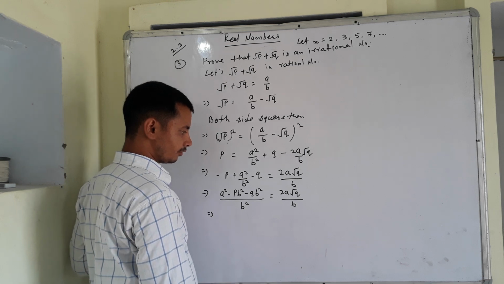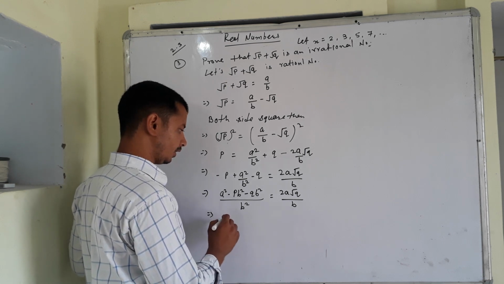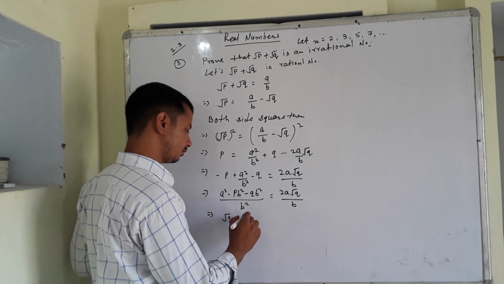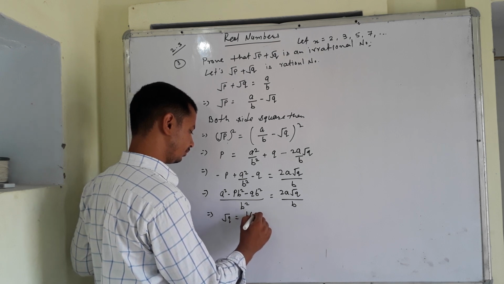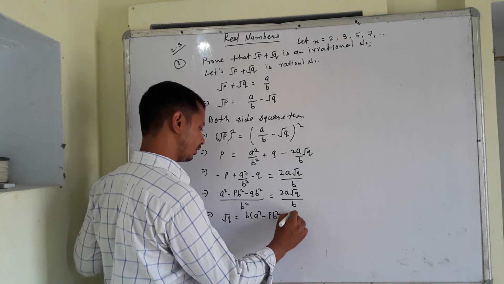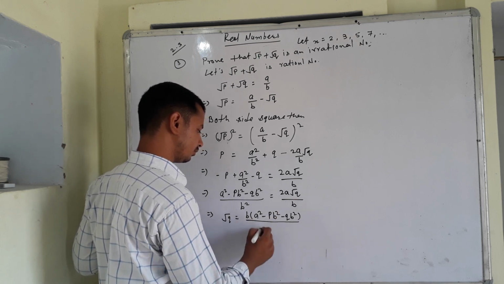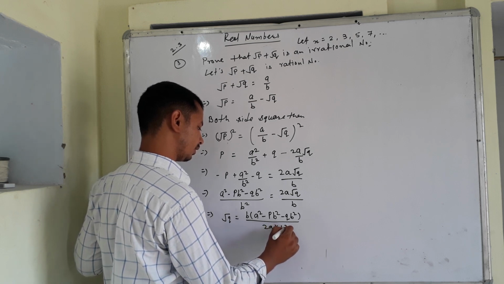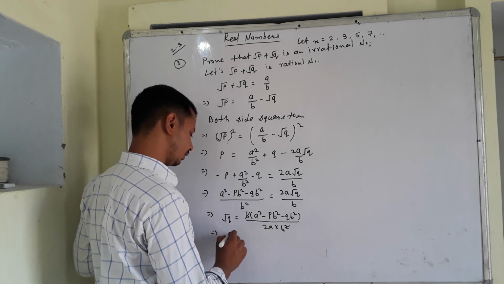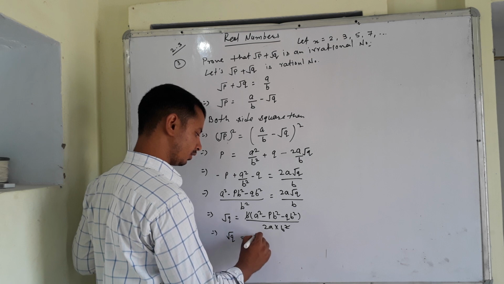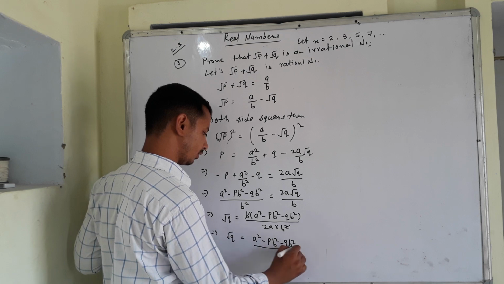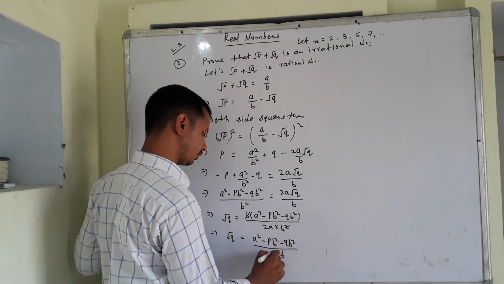And the next step will be square root of q equal b into a square minus pb square minus qb square upon 2a into b square, and the b is cancelled by b square, so we get square root of q equal a square minus pb square minus qb square upon 2ab.